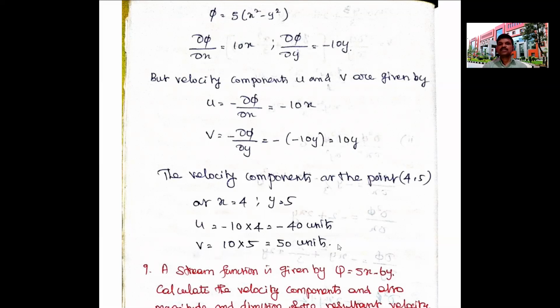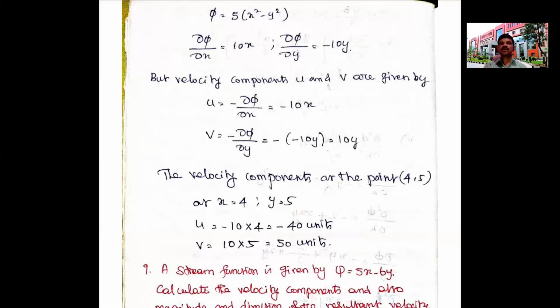Okay, now students, I hope all of you understand this type of problem. Whether it is a small equation or a big equation, you don't need to bother about the velocity component. If you know how to do partial differentiation, this type of problem is very easy. Just do partial differentiation and directly we can get the answer.